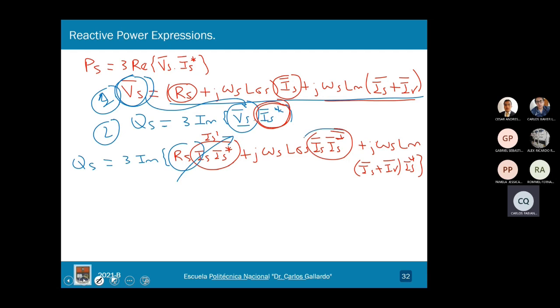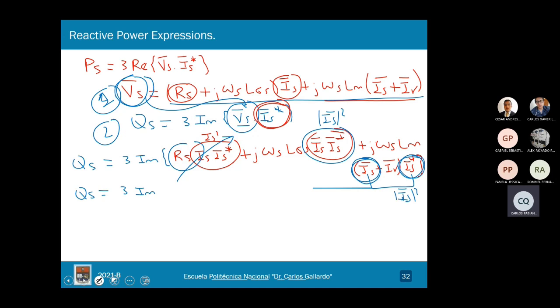The stator current times the conjugate is equal to the stator current squared. Therefore, the stator reactive power is equal to 3 times the imaginary part. I will take the common factor, the stator current squared.